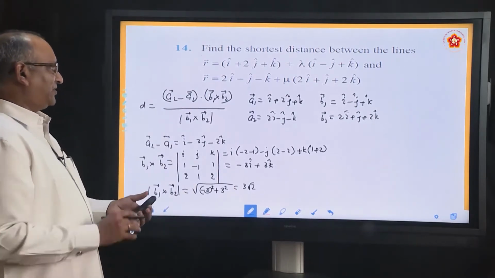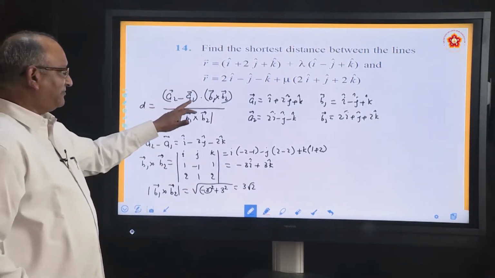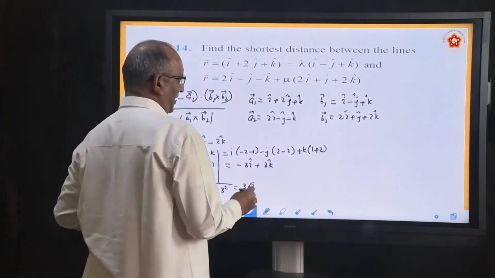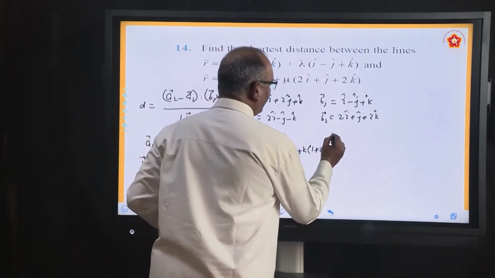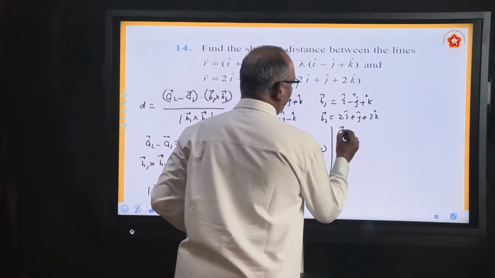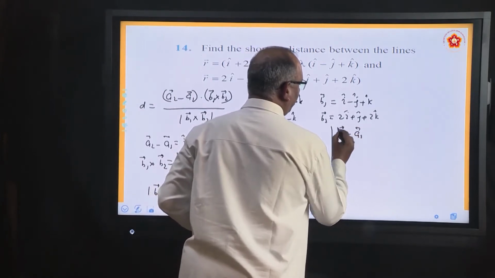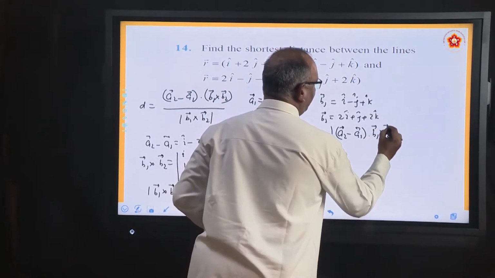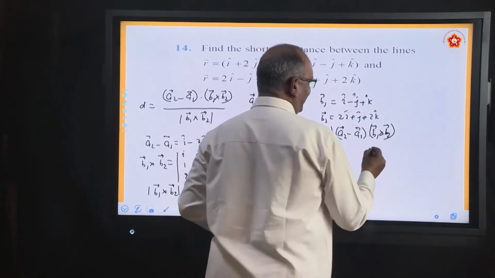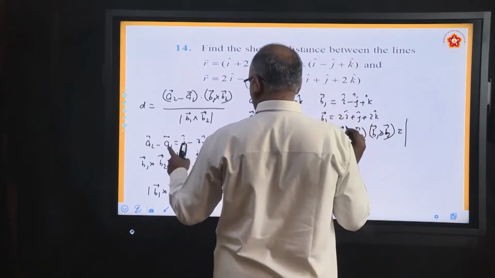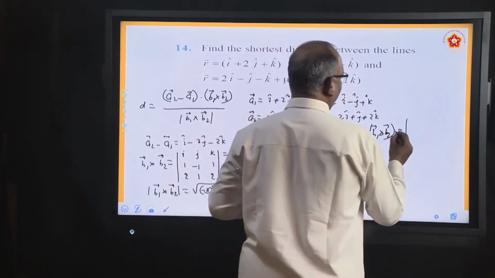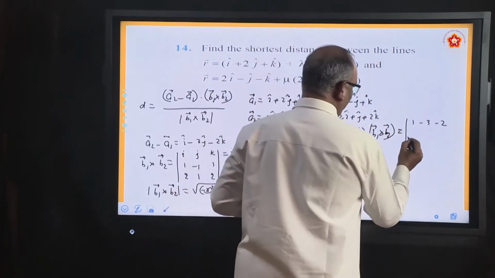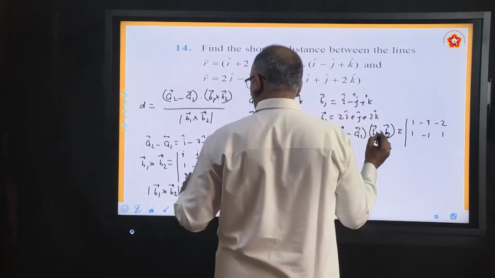Now we require only one thing, that is the product of A2 minus A1 with B1 cross B2. So how do we do that? For that also we have a formula. A2 minus A1 dot B1 cross B2 is given by another determinant. What is the determinant? This one: 1, minus 3, minus 2, and then 1, minus 1, 1, and 2, 1, 2.